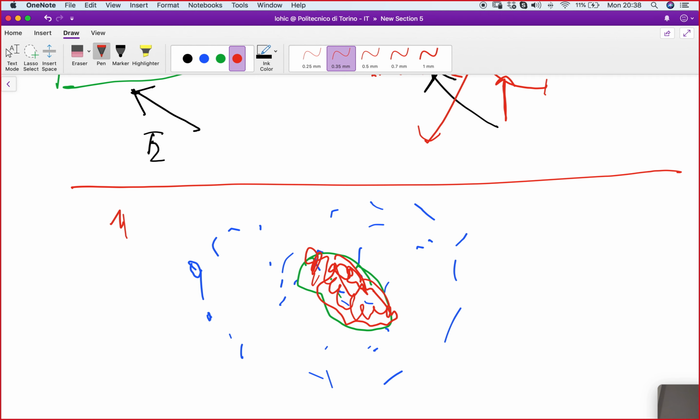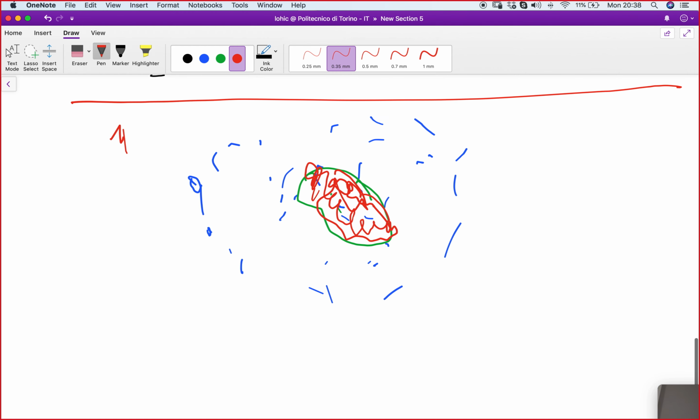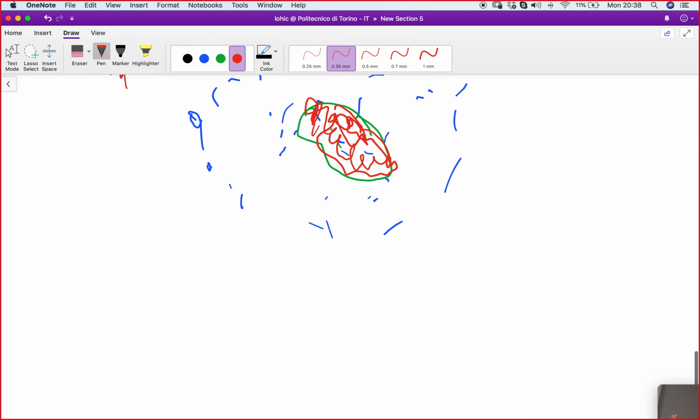Doubts? Okay, is there any question? When I say conductor in equilibrium, it means that the conductor in which the charges are not moving.